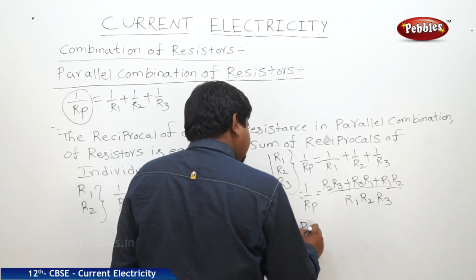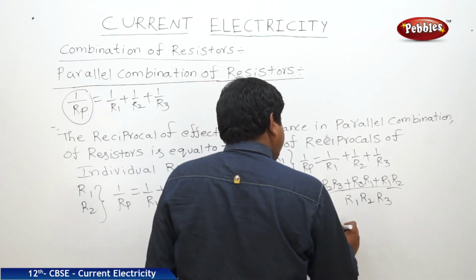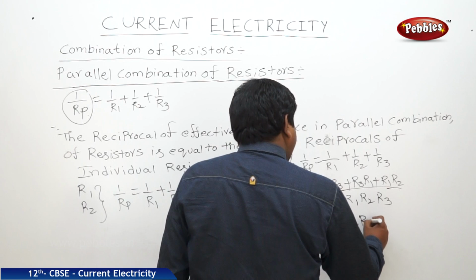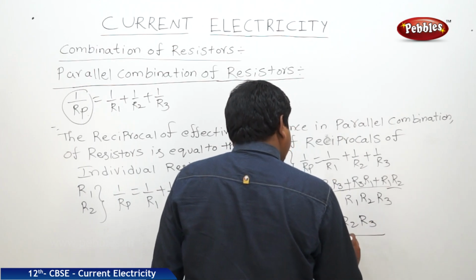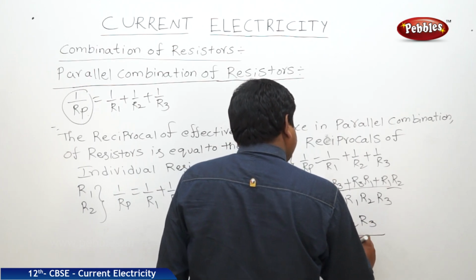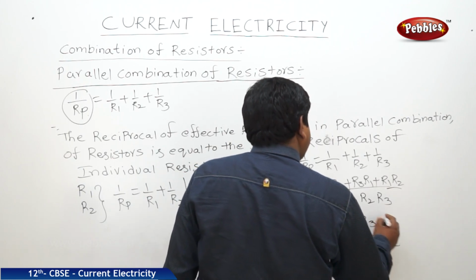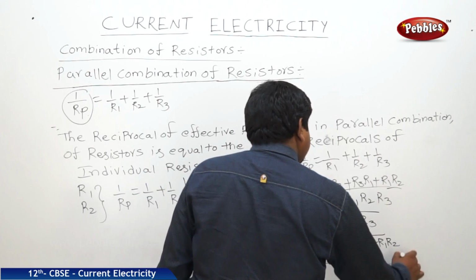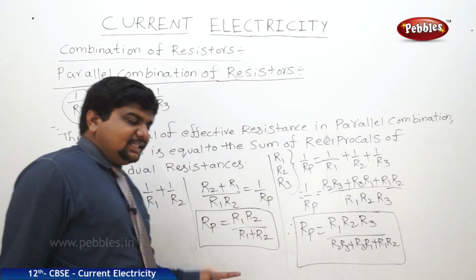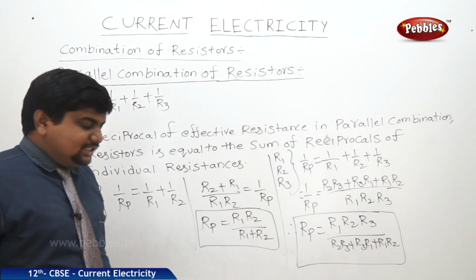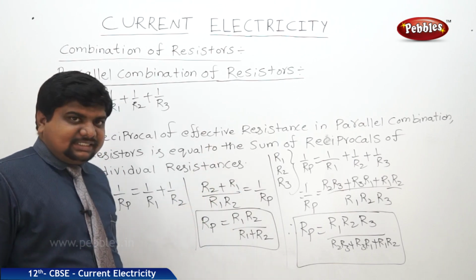Therefore here Rp is equal to R1 R2 R3 by R2 R3 plus R3 R1 plus R1 R2. Like this we can find out the effective resistance.